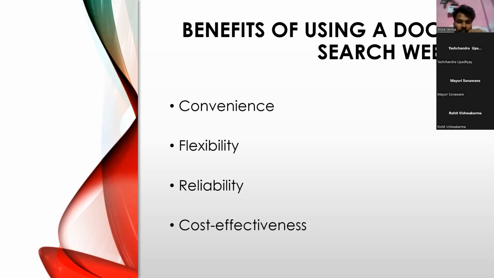The third one is reliability. It uses a variety of criteria to verify the information provided about doctors, such as board certification and malpractice history. This helps ensure that the information you find on the website is reliable. And the fourth one is cost effectiveness. It is a free and easy way to find a new doctor.